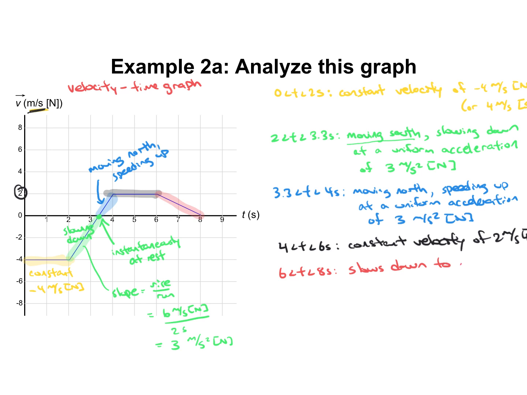Slows down to a stop because it hits 0 meters per second. And the line is straight, so it's slowed down nice and smoothly. I'm going to call that a uniform acceleration.